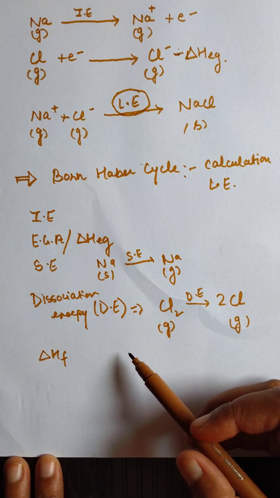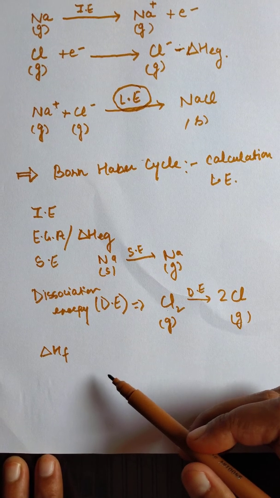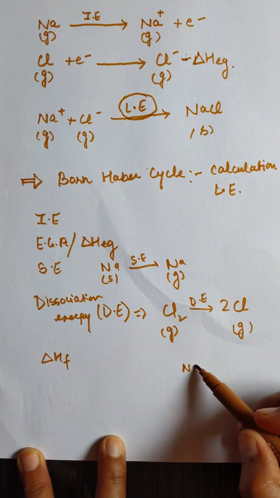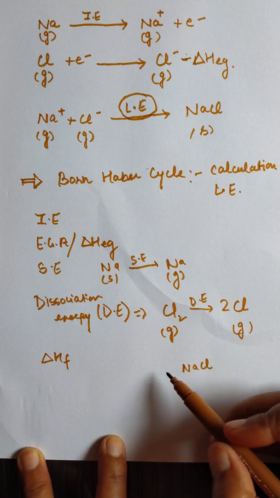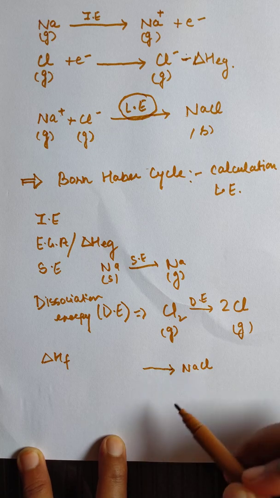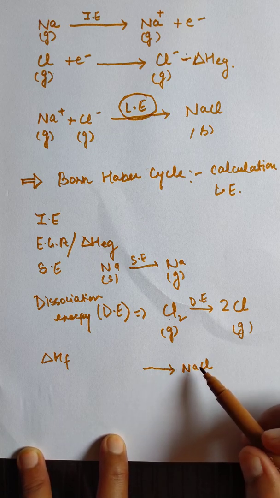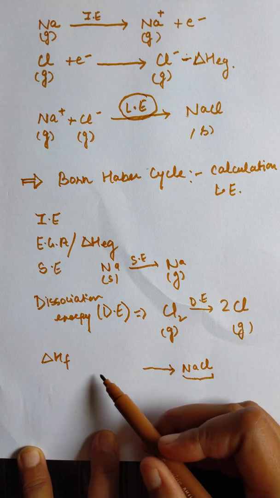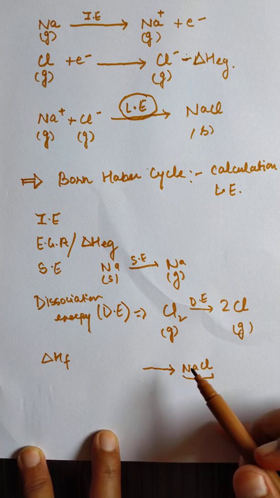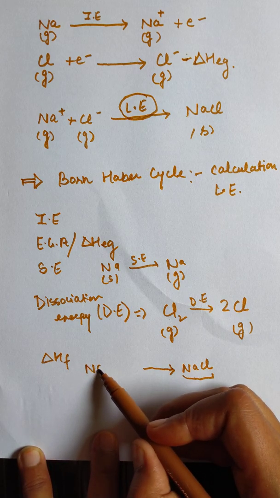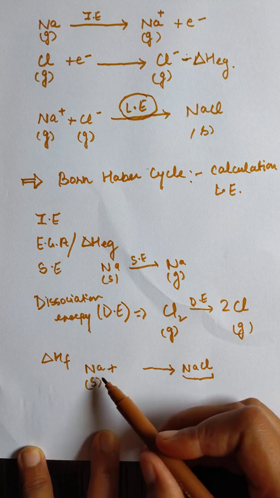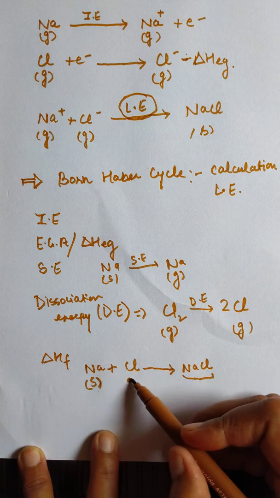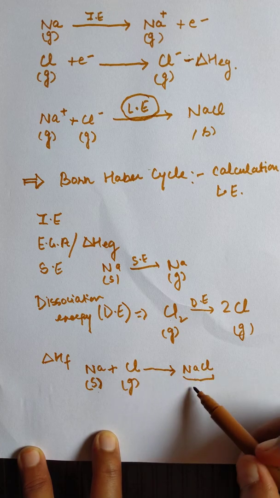If we are preparing 1 mole of a compound, like 1 mole of NaCl, and the raw materials for preparing this compound are in their pure state, like sodium is solid and chlorine is generally found in gaseous form, and we are getting the solid.